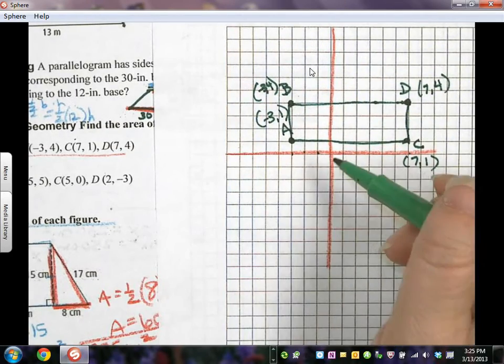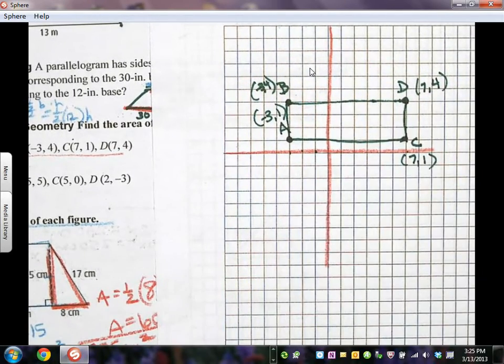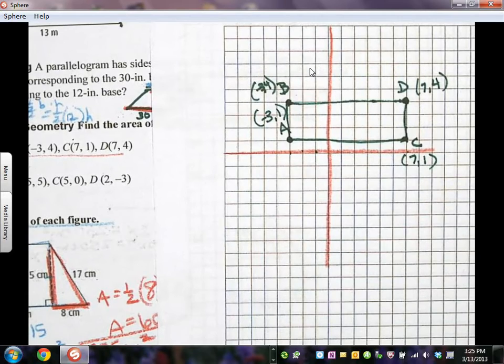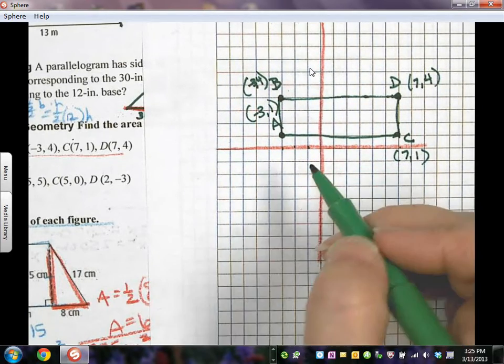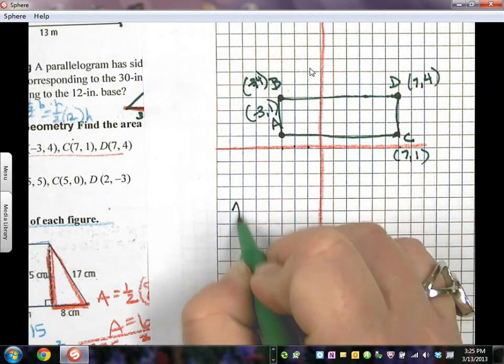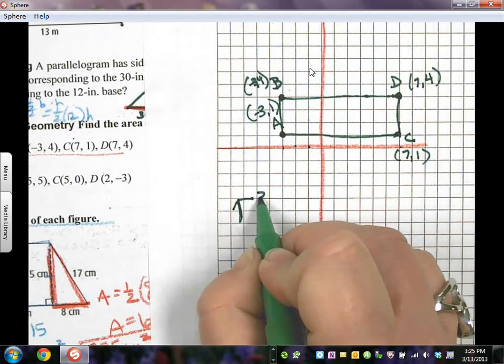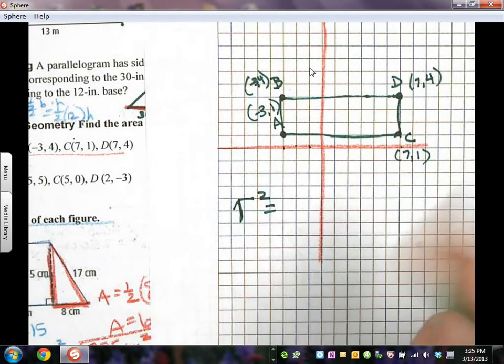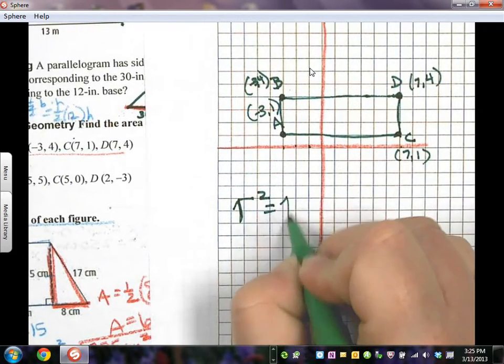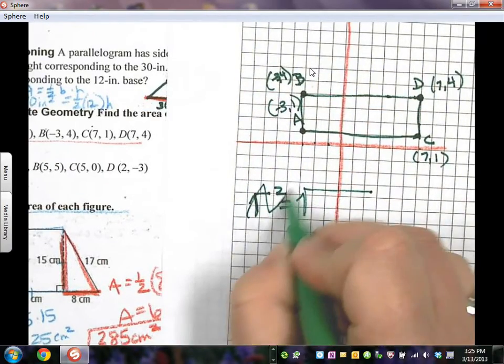Well, you can do this a couple of ways. I'm going to do it the mathematical way. I know some of you would be tempted to cheat and just count the spaces, but I'm going to show you how to use the distance formula. R squared, which is the distance, equals... I'm sorry, hang on, I was doing the wrong one.